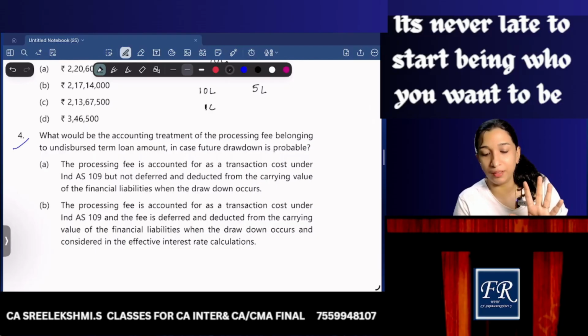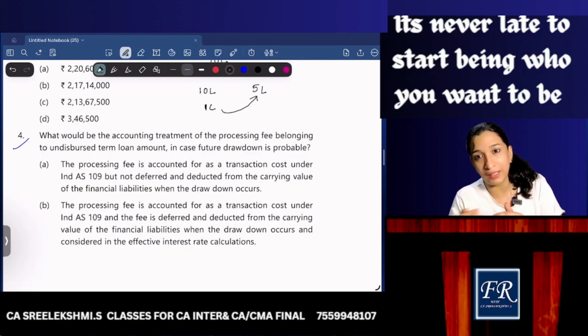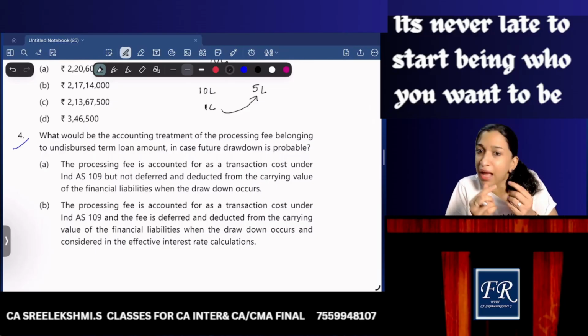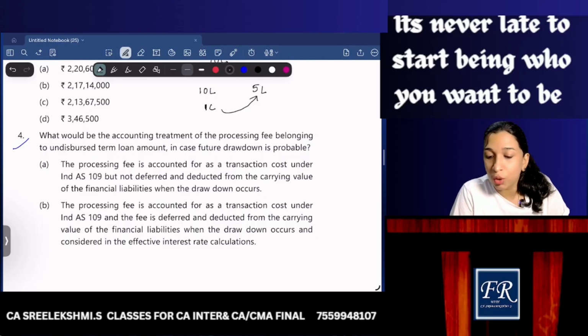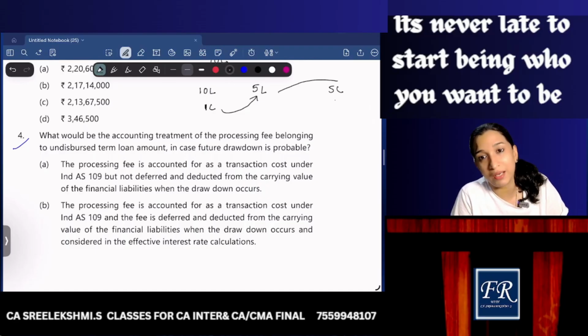Only the proportionate transaction cost should be deducted from 5 lakhs. The balance 50,000 should be deducted when the future loan is received. When you are withdrawing the balance 5 lakhs, then 50,000 will be adjusted.